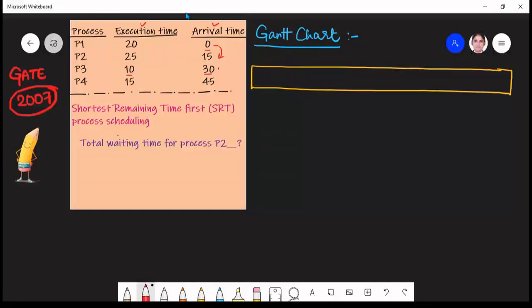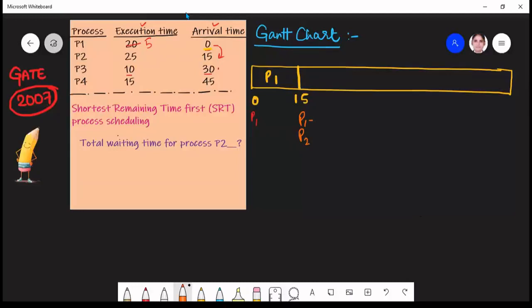Now let's see. Initially, at the 0th millisecond, we have only one process, that is P1, and P1 is going to take the CPU and run for the next 15 milliseconds. So it has completed 15 milliseconds and is left with 5 milliseconds of burst time. Now P1 is there, but P2 has also joined.